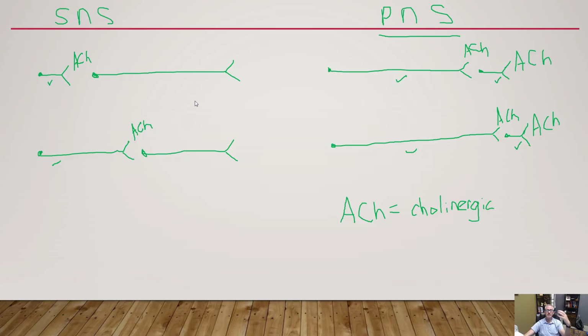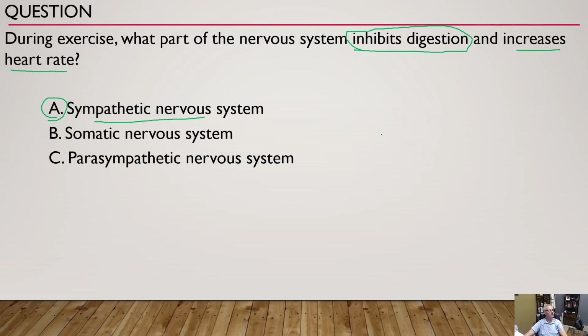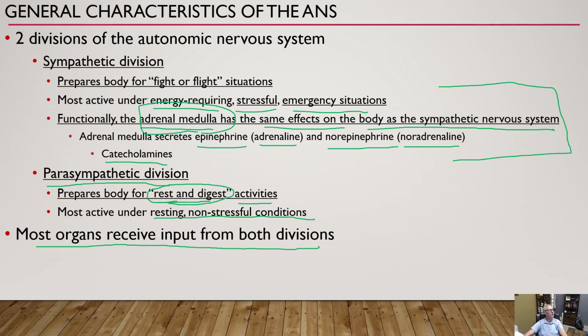Now, on the sympathetic side, your postganglionic nerve fibers do not release acetylcholine. Let me go back up to this slide. Functionally, the adrenal medulla has the same effects as a sympathetic nervous system.